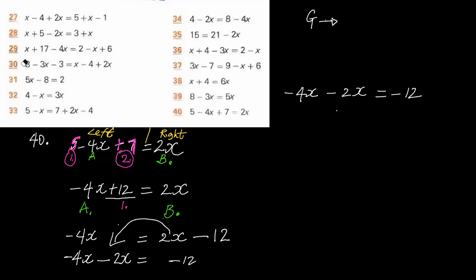Gabriel is saying that it will be negative 6x, but let's not get ahead of ourselves. Let's go to Janicia and ask her the same question. Negative 4x, Janicia, minus 2x will give me what? The signs are the same. What answer would I get?